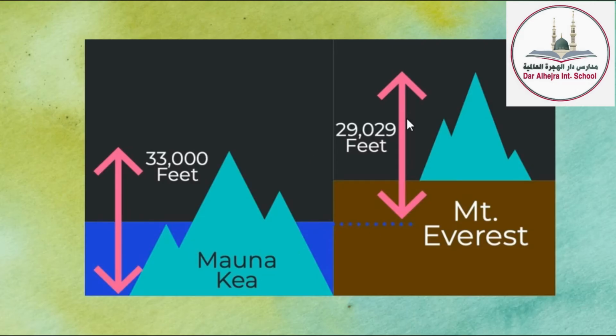So it's way higher than Mount Everest. Mauna Kea is the highest mountain on earth.